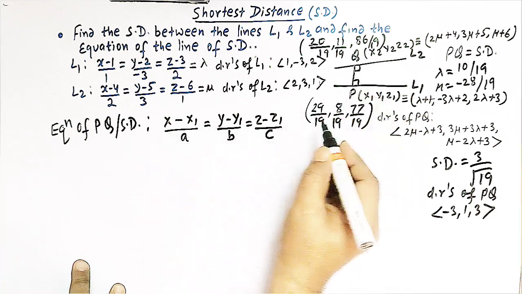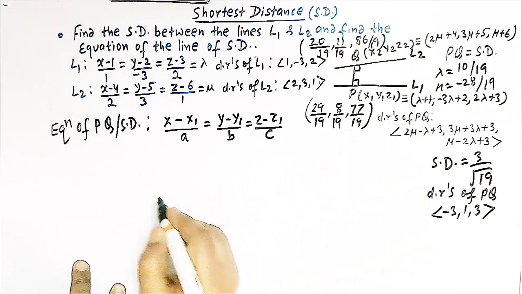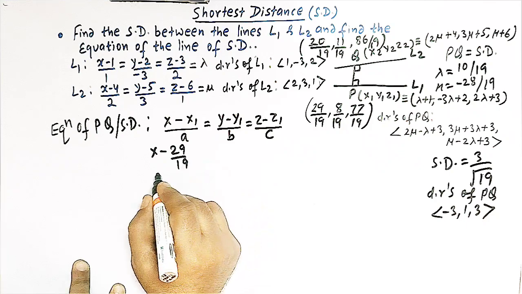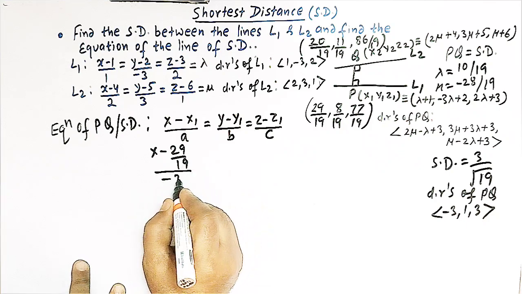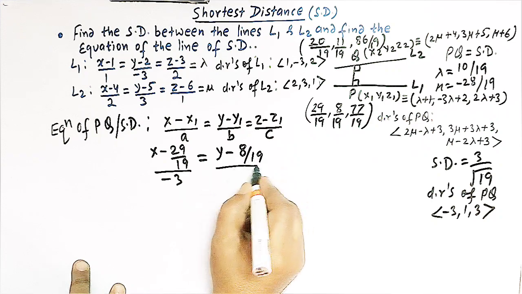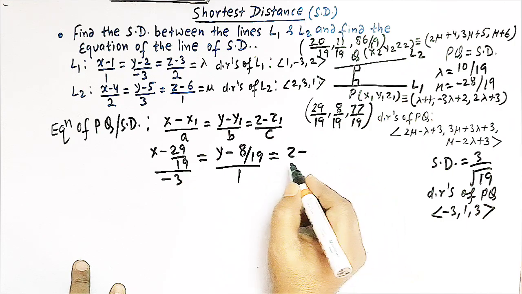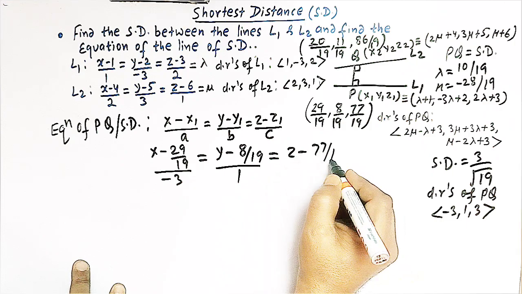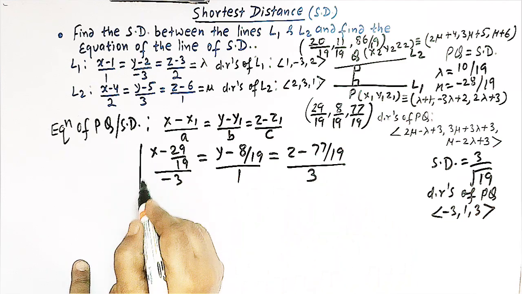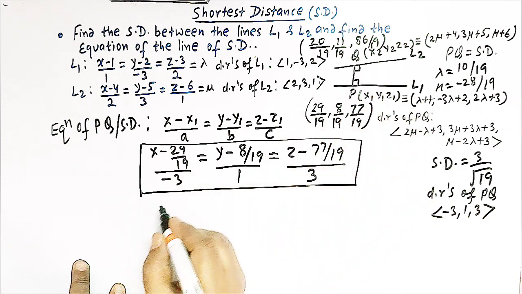So x1, y1, z1 are 29 over 19, 8 over 19, 77 over 19. So we have x minus 29 over 19 over minus 3, and then we have y minus 8 over 19 over 1, and then we have z minus 77 over 19 over 3. So this is the required equation of the line of shortest distance.